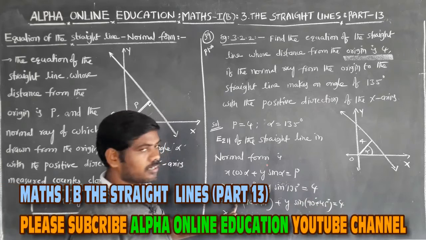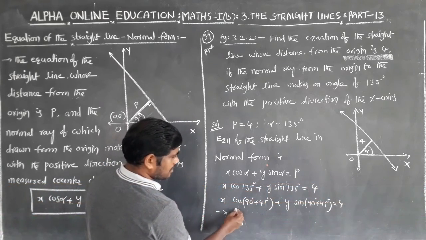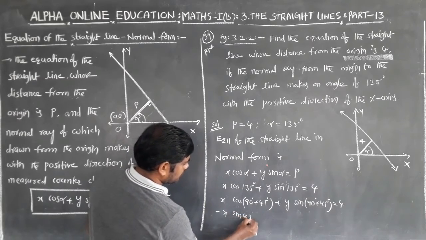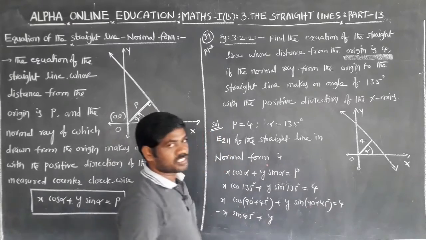In the second quadrant cos is negative. So minus sin theta.